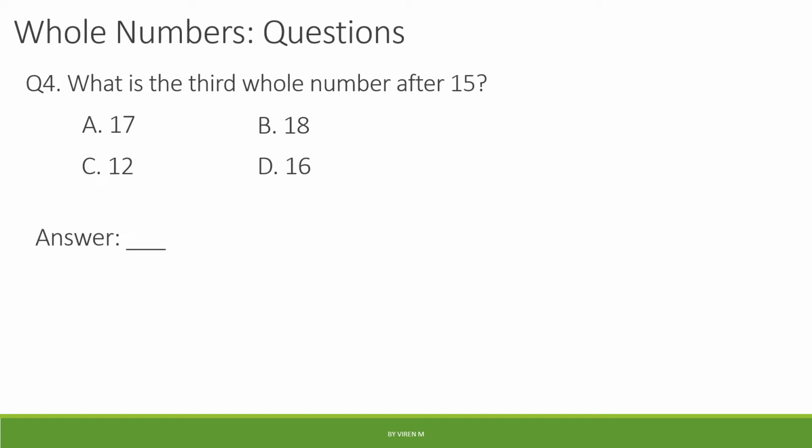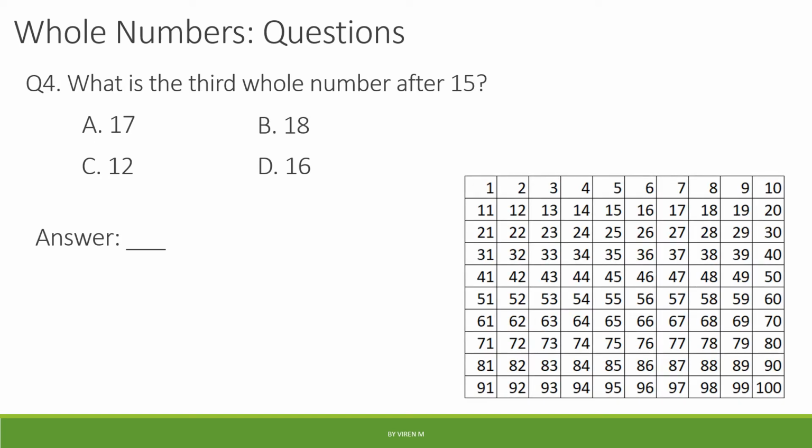Okay, now let's look at the chart. Let's identify the number 15 on the chart, and we need to count 3 from 15. So 15 to 16, 16 to 17, and 17 to 18. Our answer is 18, which is option B.